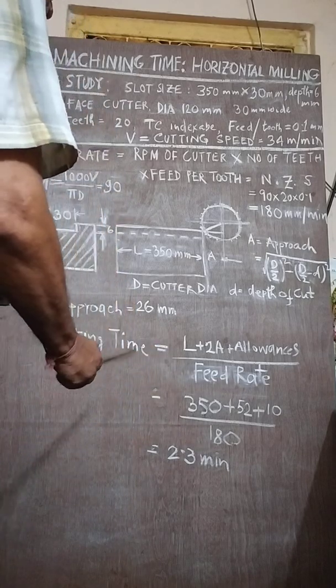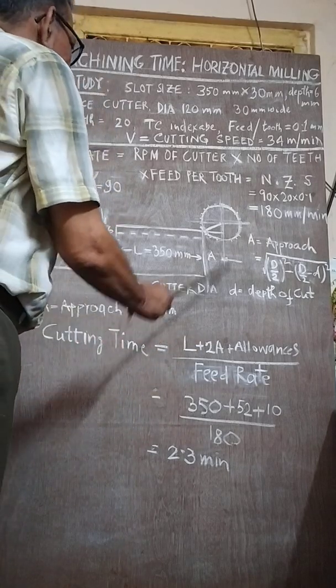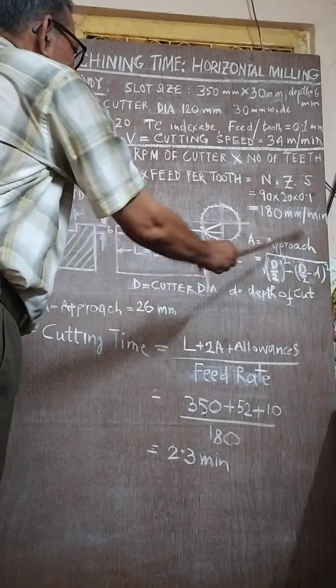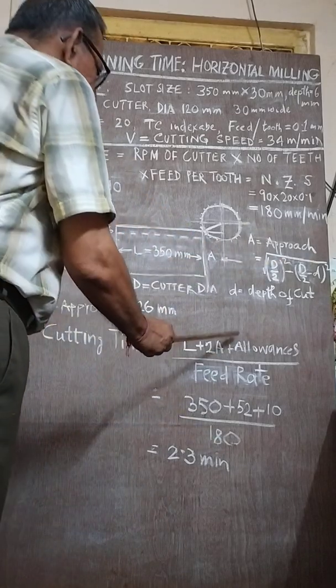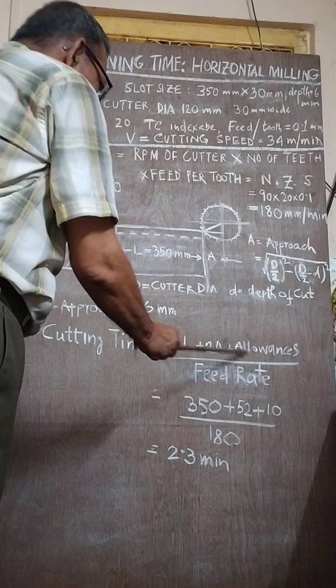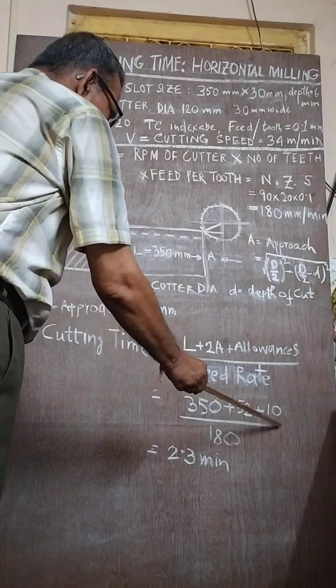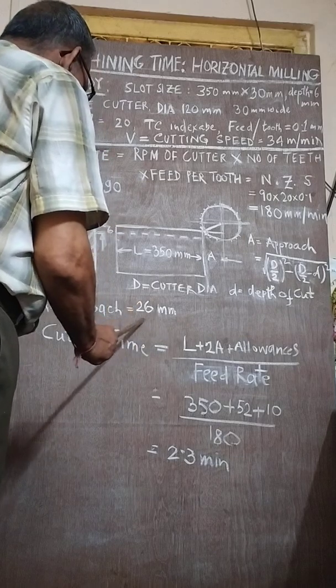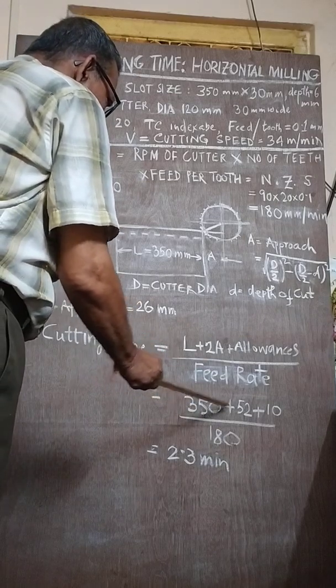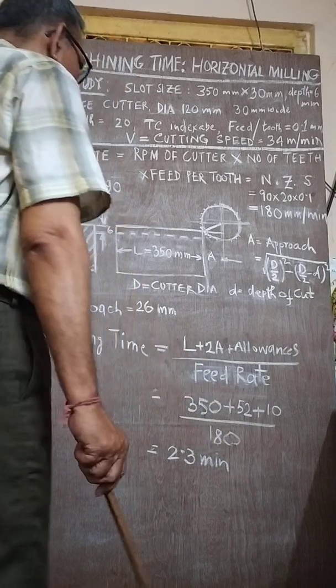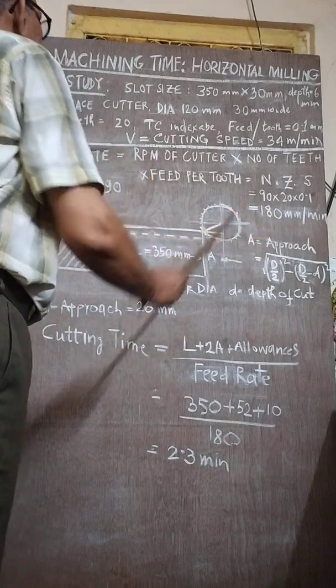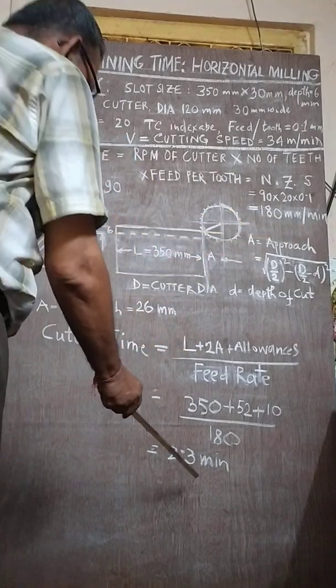The cutting time is L plus 2A over the feed rate. The allowances are 5 mm plus 5 mm, that is 10 mm. Twice the approach is 52, so 350 plus 52 plus 10, divided by 180, where 180 is the feed rate, and we find 2.3 minutes.